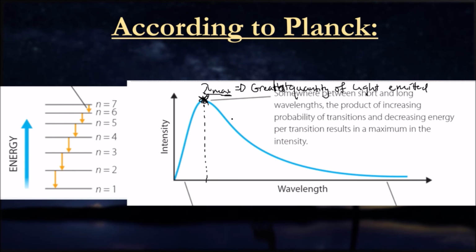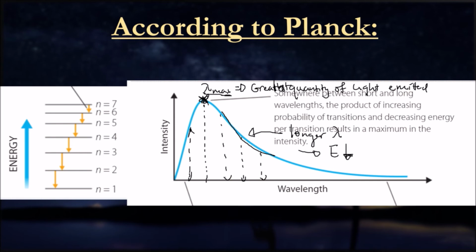So the next question is, what about these ones here? Why is there more of a gradual increase here, and then a sharper drop here? Well, what we can associate is that the longer the wavelength, the smaller the energy.